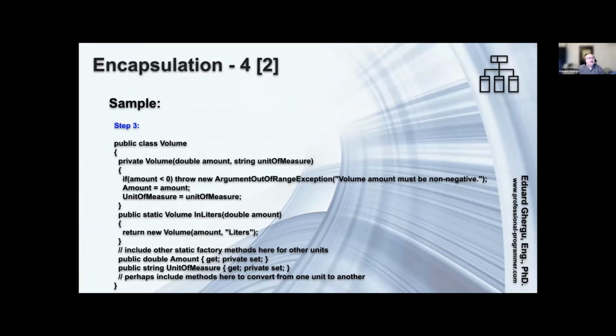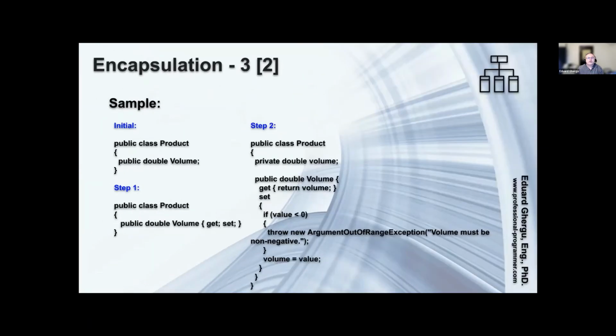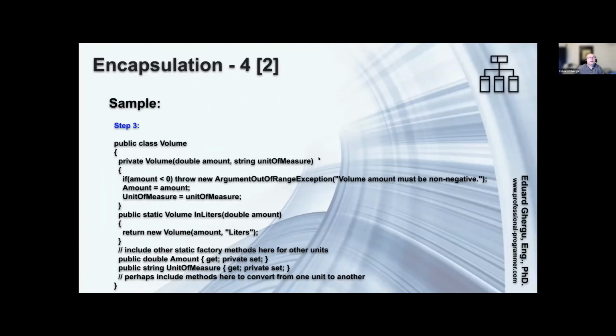And what can be done next? It's, for example, to extend a bit. If we look again, here volume is a property of the product class. And what we can do in the end is to extract this volume in its own class and have all the functionality related to the volume implemented here.